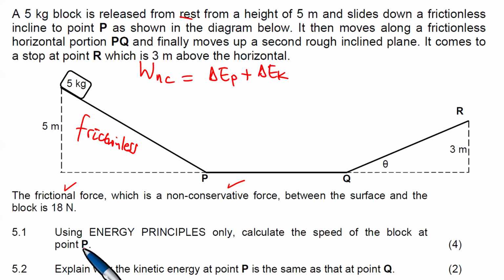But note that what we're told here is that it was through this frictionless surface. We need to calculate the speed of the block just using energy principles. At point P, what happens there?